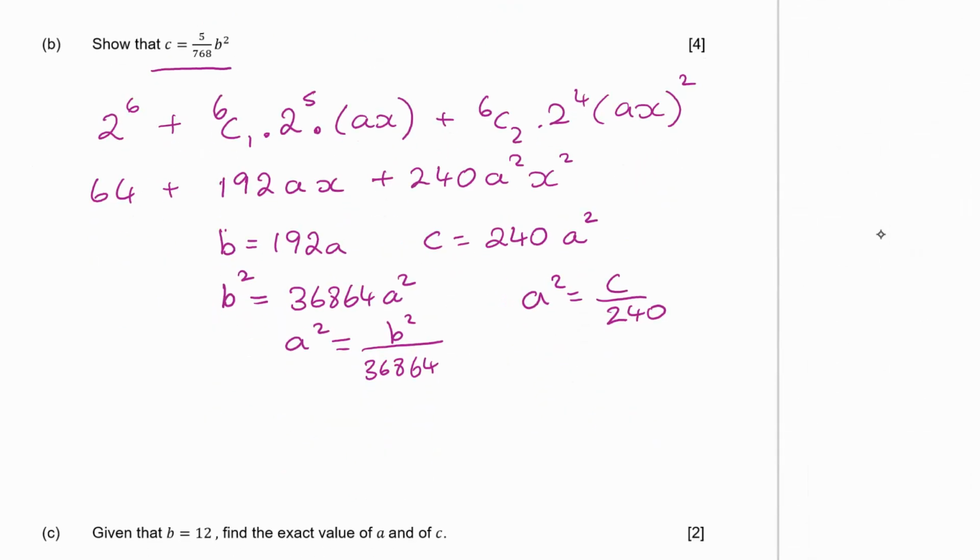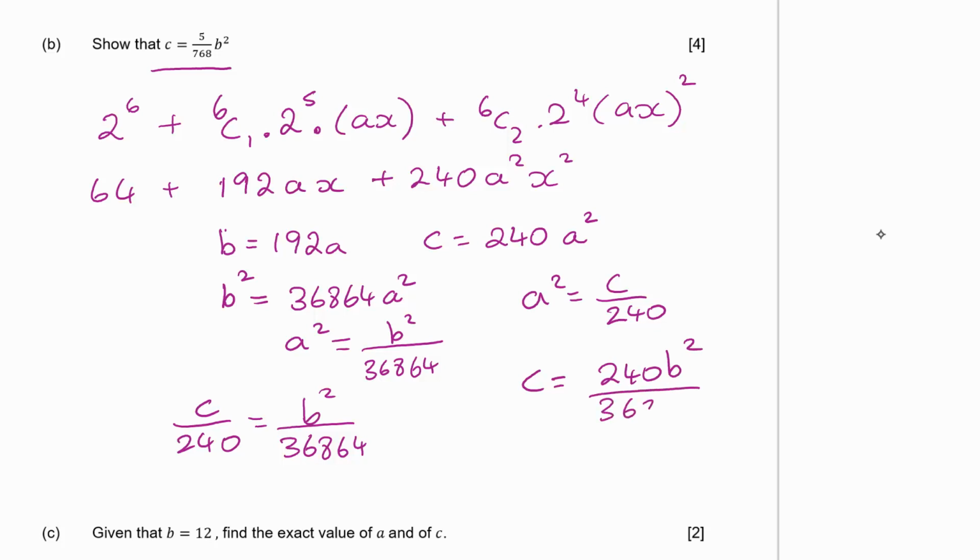It follows that c divided by 240 is equal to b squared over 36,864, and therefore c is equal to 240b squared over 36,864, which I'm hoping is going to simplify to this.